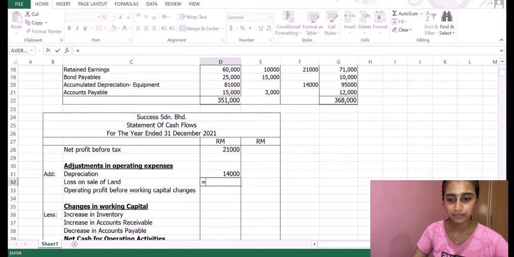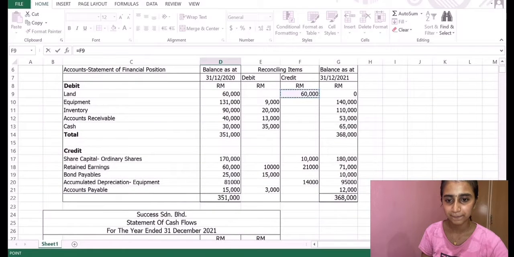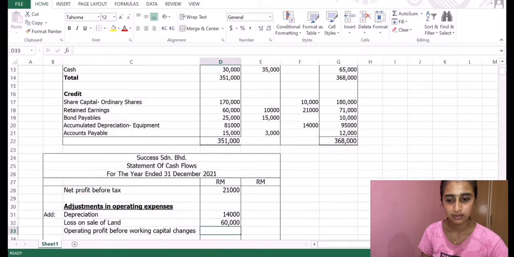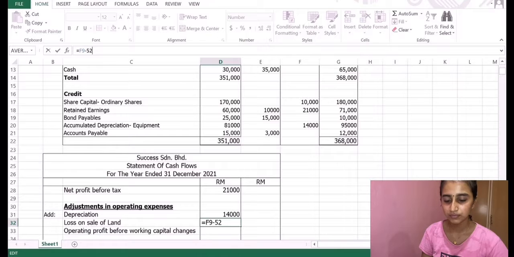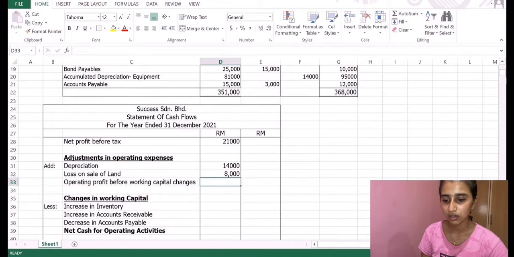The value of land, 60,000, we can take from the worksheet, minus 52,000, so the loss is 8,000.